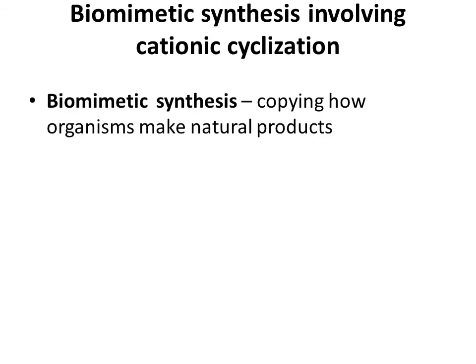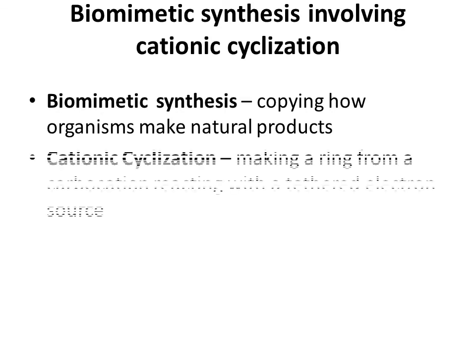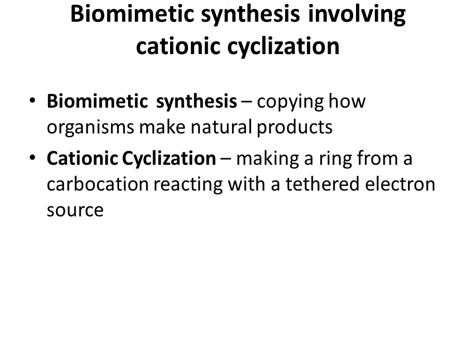Now that we've covered what natural products are, let's go back to the lecture title, Biomimetic Synthesis Involving Cationic Cyclization, which is a real mouthful. Biomimetic synthesis is using organic reactions to copy or mimic how organisms make natural products. Cationic cyclization is making a ring by a carbocation grabbing the electrons from a lone pair or pi bond tethered to it.